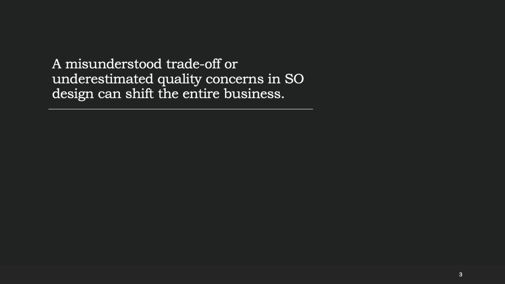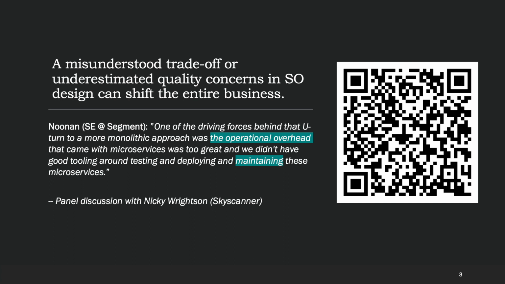Nikki Wrightson is a principal engineer at Skyscanner who hosted a panel at the QCon London Practitioner Conference with participants who have moved from a monolith to a microservice and in some cases back again. This was actually the case for one of the companies that is called Segment.